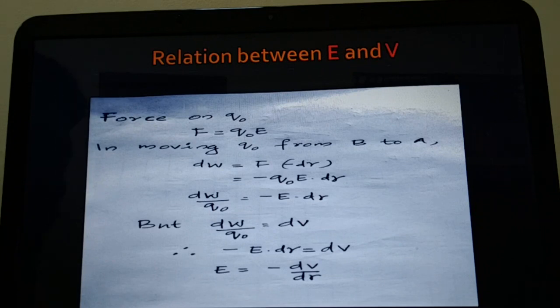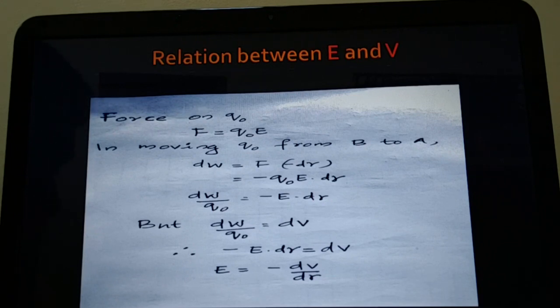So minus d by dr of V means gradient of potential with a negative sign, that is minus dV by dr. So minus dV by dr represents negative gradient of potential, or negative potential gradient. What is that equal to? What is in the left hand side, electric field intensity.